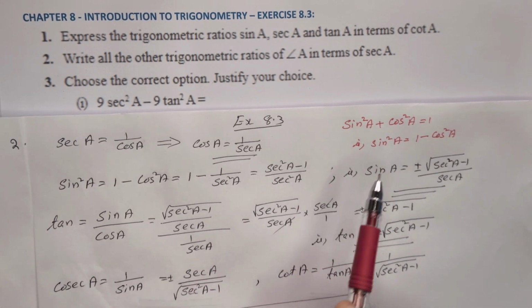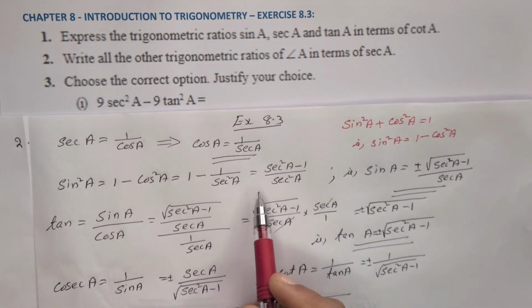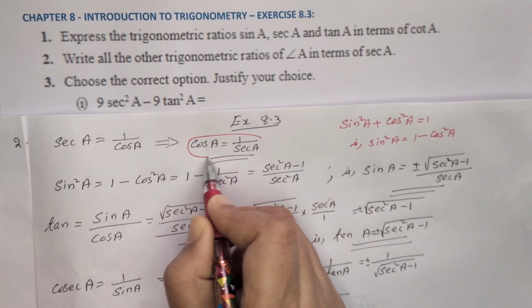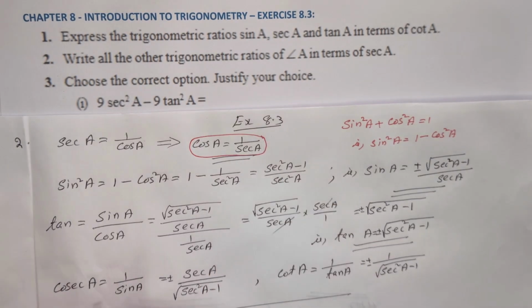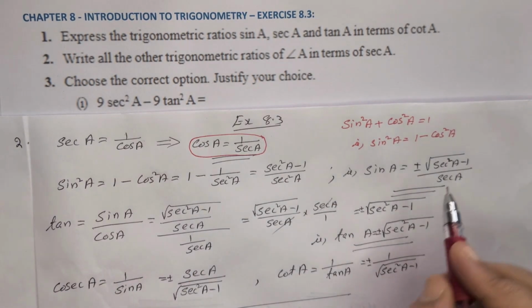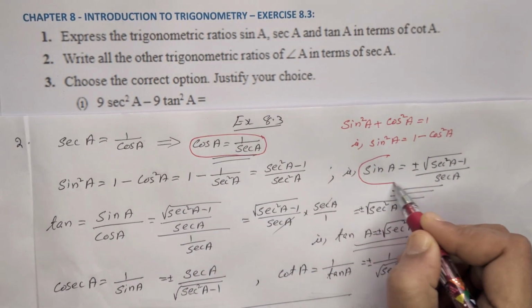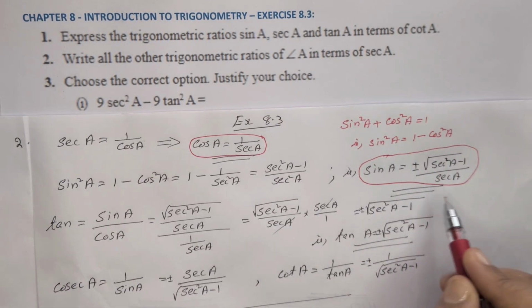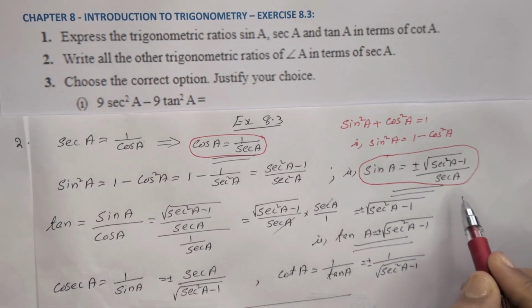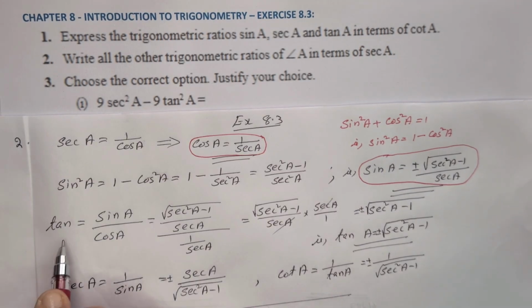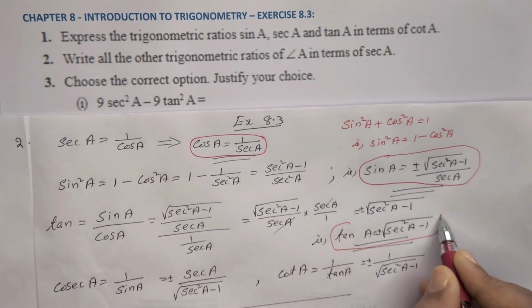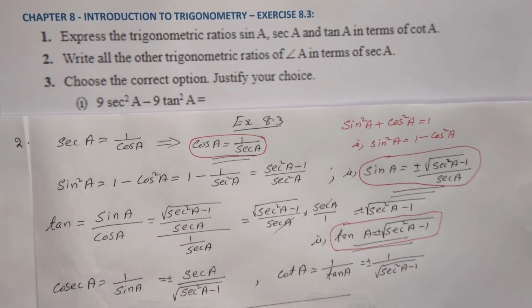In terms of sec, first one, cos A, we wrote that in terms of sec. Cos A is equal to 1 by sec A. Sin A is equal to plus or minus root of sec square A minus 1 by sec A. Then tan A is equal to root of sec square A minus 1.